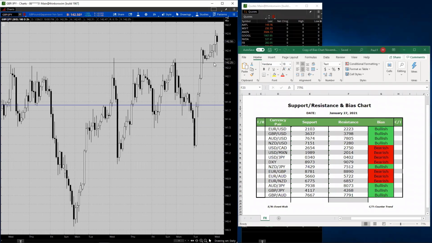That's immediate support right there, 42.26. So actually coming across here from this top, right there, 42.22.